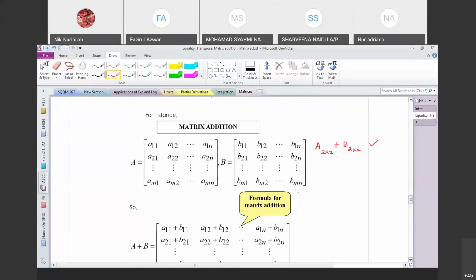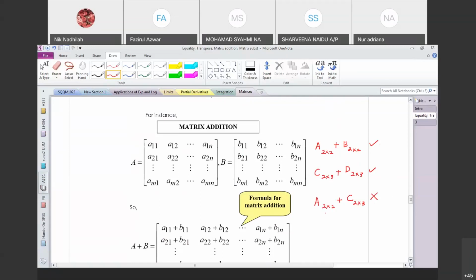Or matrix C 2 by 3 plus matrix D 2 by 3 is also okay. What about A 2 by 2 plus C 2 by 3? Is this possible? No, this is impossible.